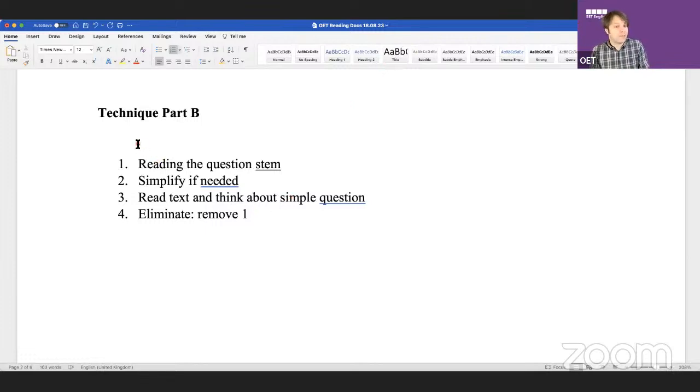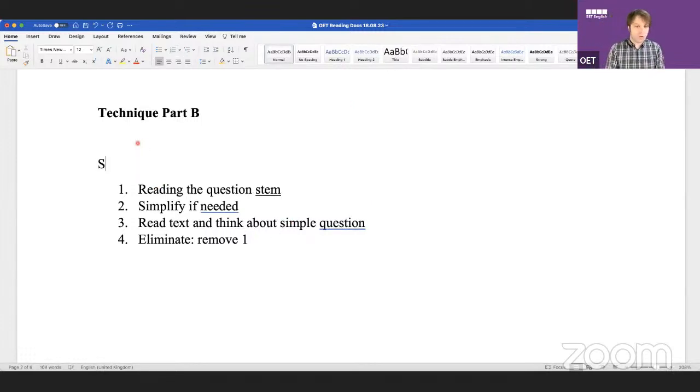We're trying to be systematic here, right? So you've got a routine for reading. Read the question stem, simplify if needed, read the text, think about the simple question, eliminate, remove only one. Okay, now I'm down to 50-50. Now you're going to choose, okay? At this stage, if you want to look for keywords, okay, no problem.